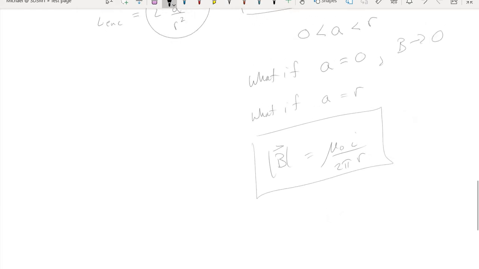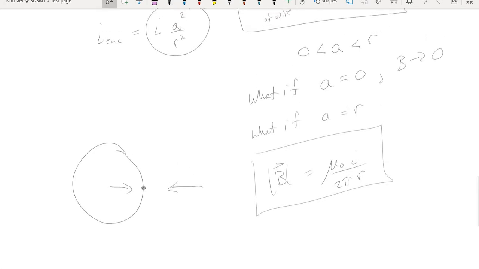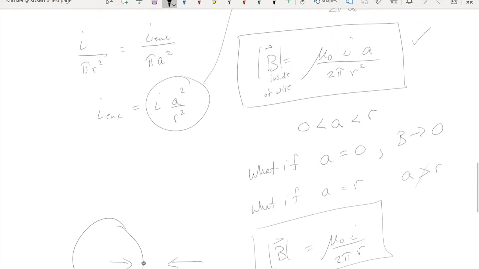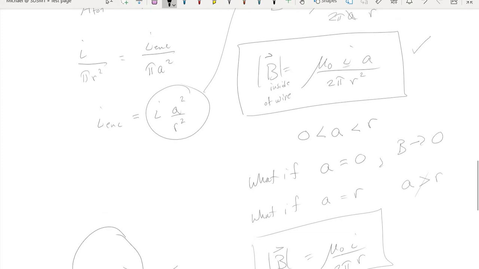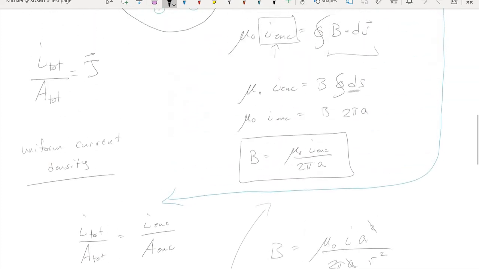And that should be expected, because whether we approach the surface of the wire from outside or inside the wire, we should get the same value of magnetic field at the surface in either case. What we cannot do is allow a to equal anything larger than R, because to do that would imply that you have current passing through a cross-sectional area that is outside of the wire, and that is not physically the case.